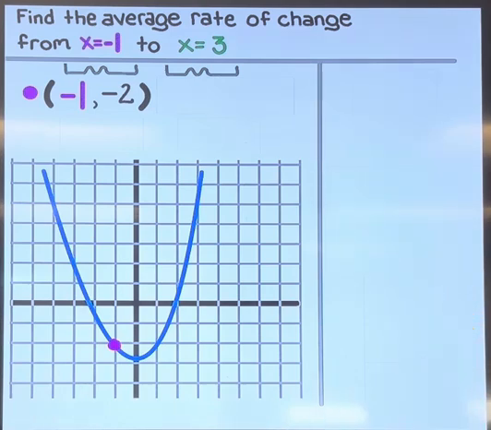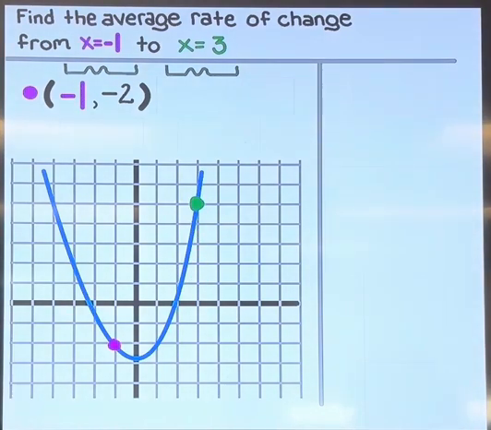Now for x equals 3, if I have a point where x is 3, I would need to go right 1, 2, 3, and then to be on the graph, I'm going to go up 1, 2, 3, 4, 5.